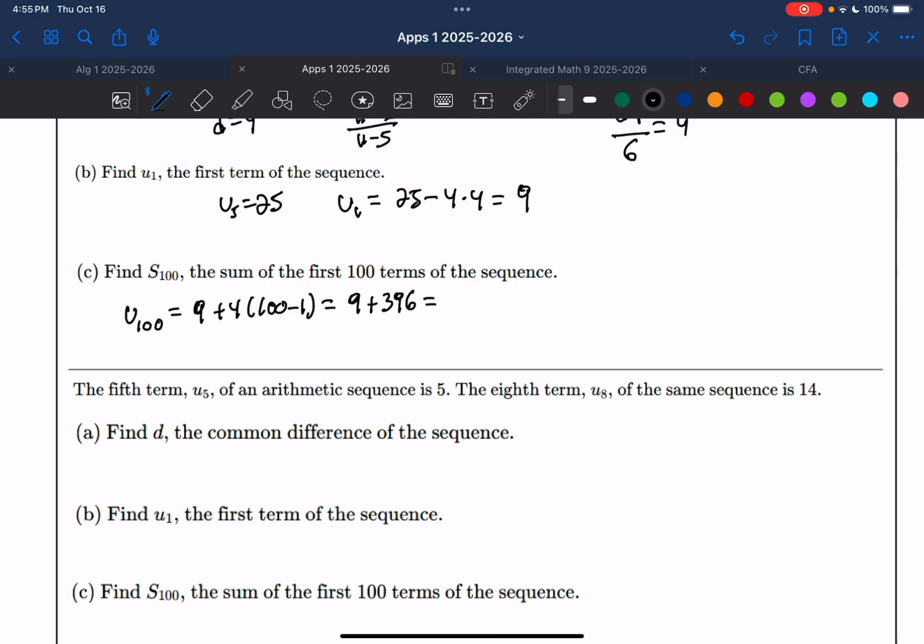So that's going to be 405, meaning that S100 is going to be 100 over 2 times 9 plus 405. So that's going to be 50 times 414.